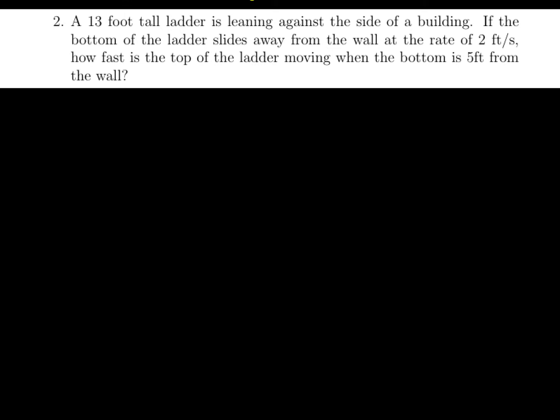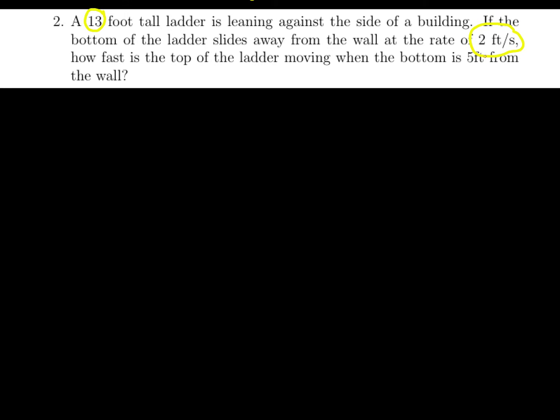Okay, so let's first, again, circle all of our numbers and variables if they're there. We've got a 13-foot ladder leaning against the building. If the bottom of the ladder slides away, so here's a rate, 2 feet per second.